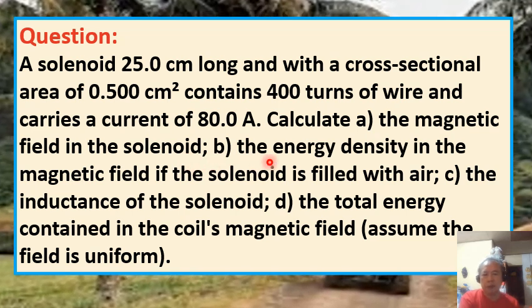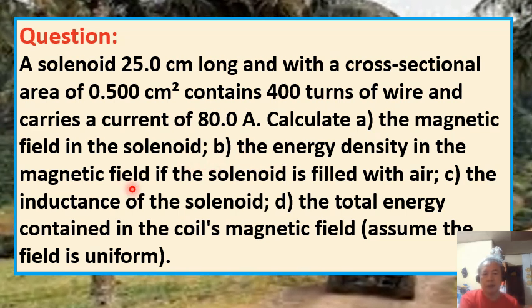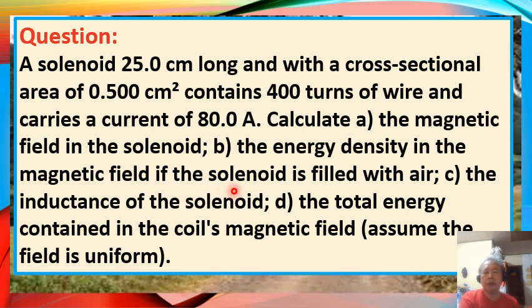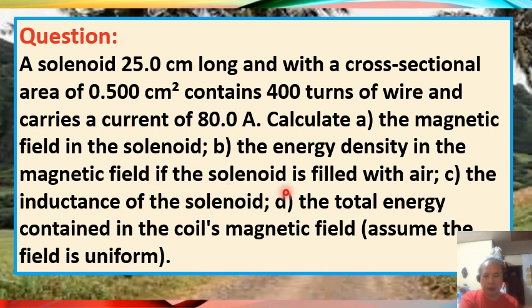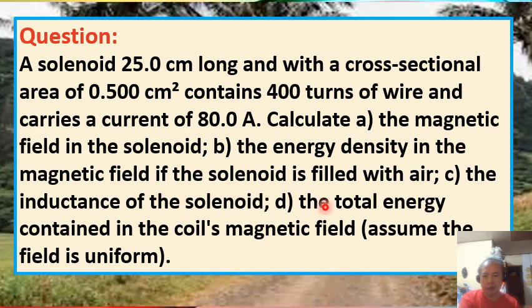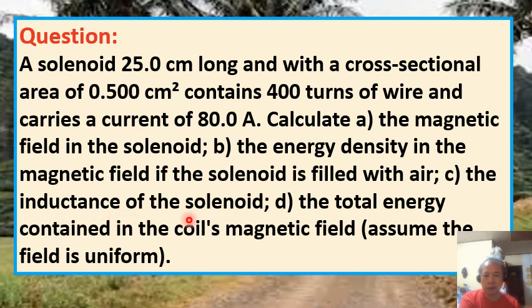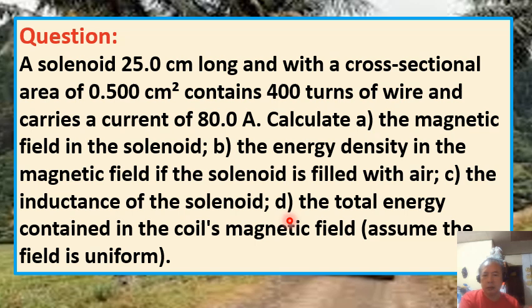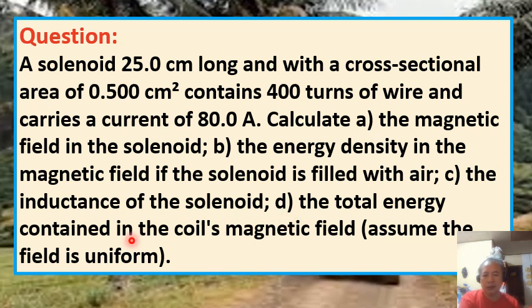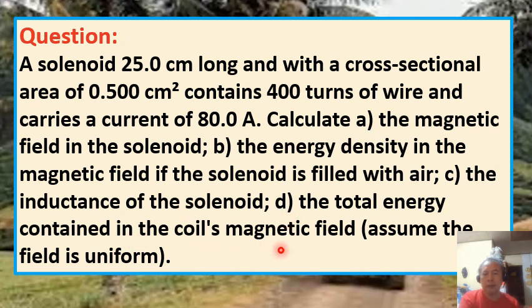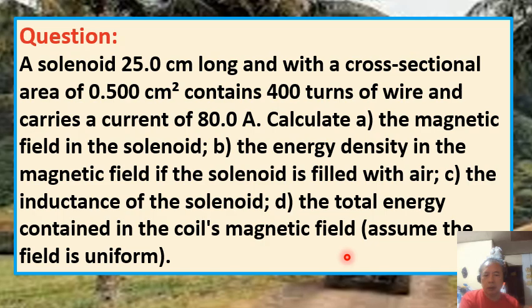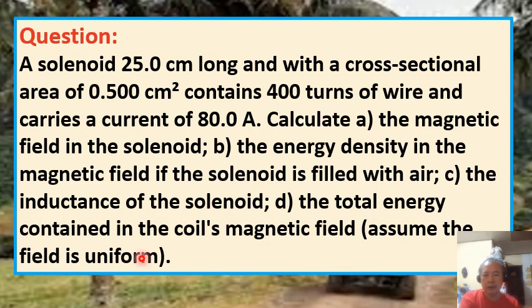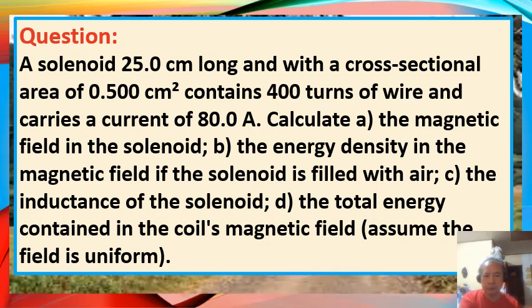Letter B, the energy density in the magnetic field if the solenoid is filled with air. Letter C, the inductance of the solenoid. And letter D, the total energy contained in the coil's magnetic field. Assume that the field is uniform.